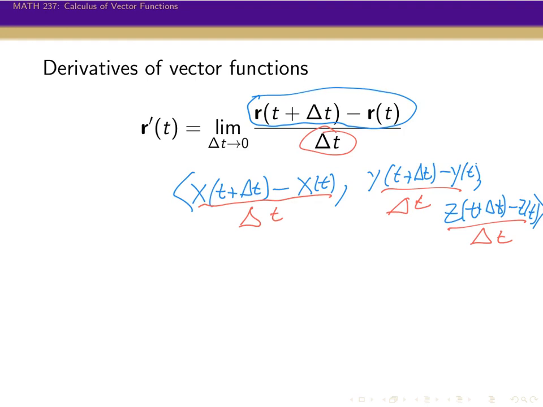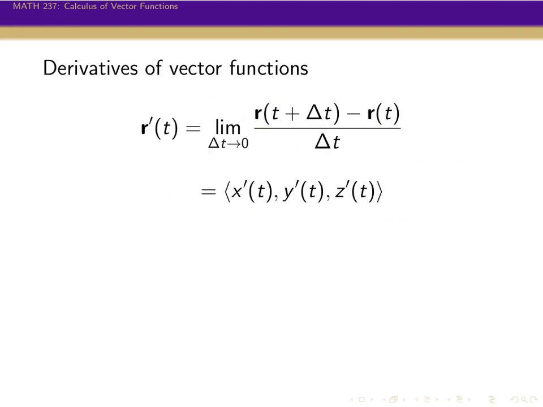And then we're taking the limit of everything, but then we just saw that you take limits component by component. And so when you then plug in the limit to each of these components, you see that you just have the definition for the derivative of each of the components. So r prime of t is just going to be x prime of t, y prime of t, and z prime of t, right?